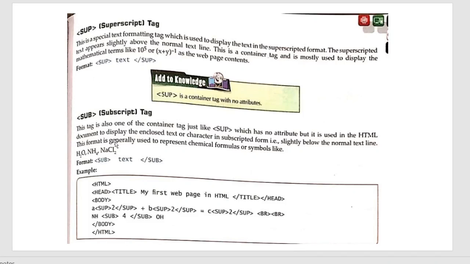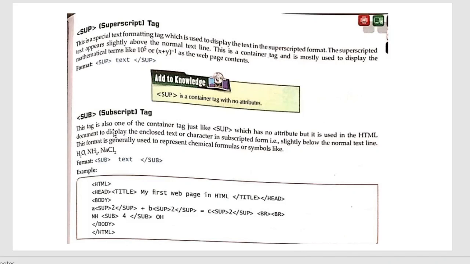So next is your SUB. SUB means subscript, SUP superscript. SUP means super and SUB means subscript. Subscript means just write down the text just below the baseline, slightly below the baseline.